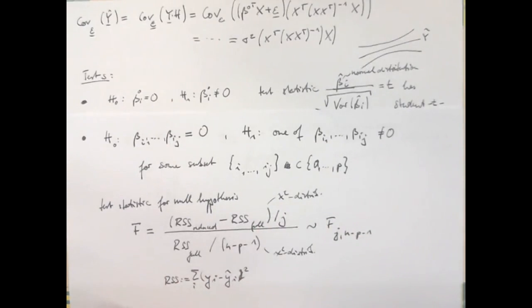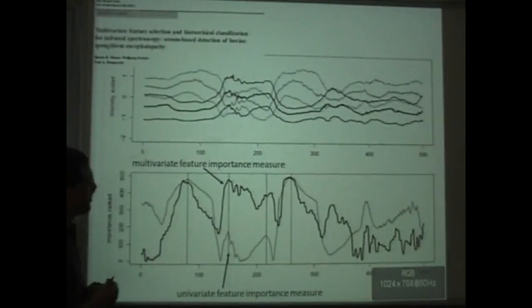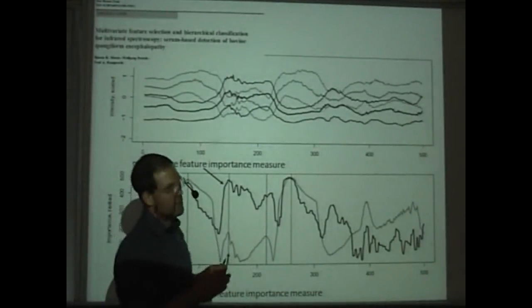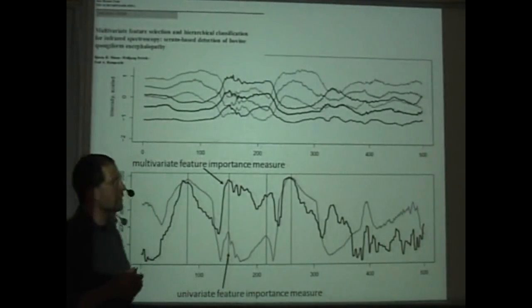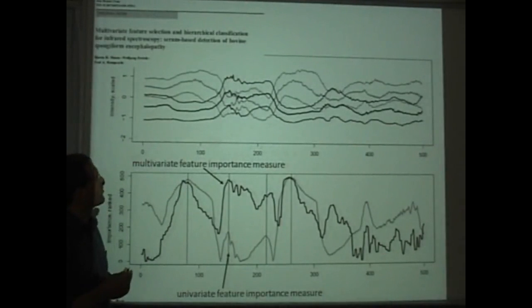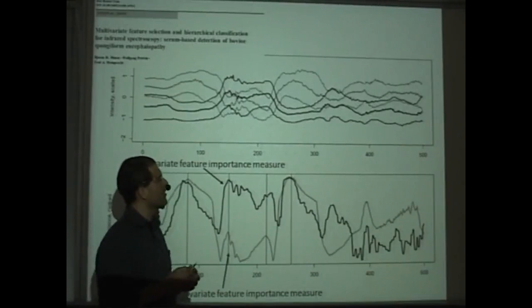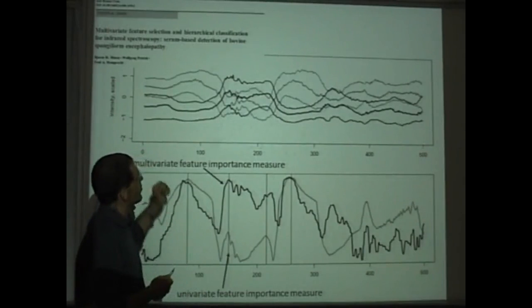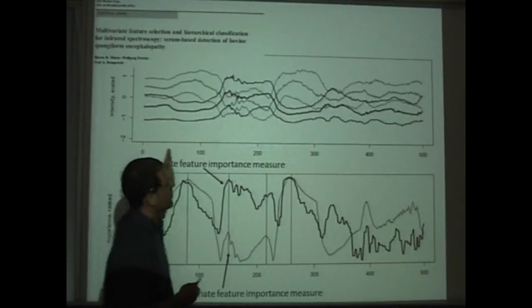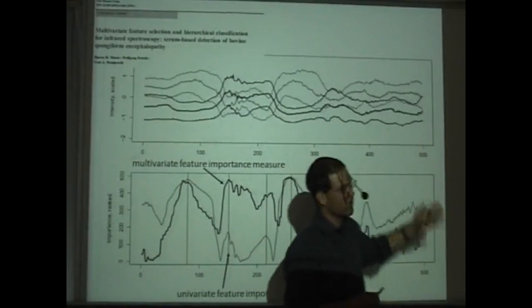And if I'm bringing back this example that I showed here, I'm not saying this is the best method, but if we wanted to use least squares regression to predict if a cow has BSE or not, we have to decide which spectral channels we are going to include in our model.